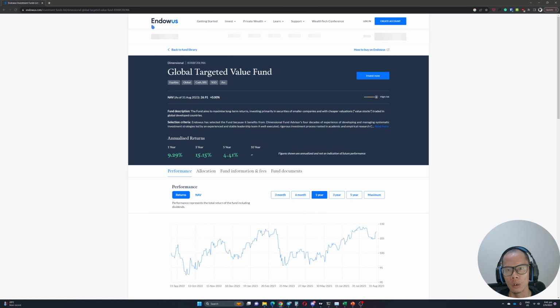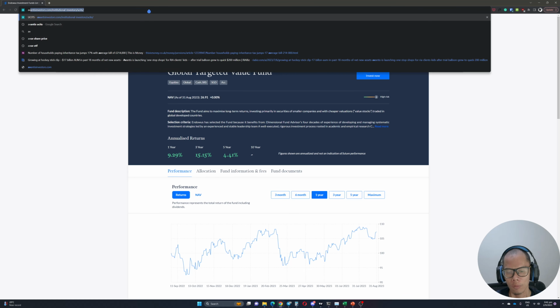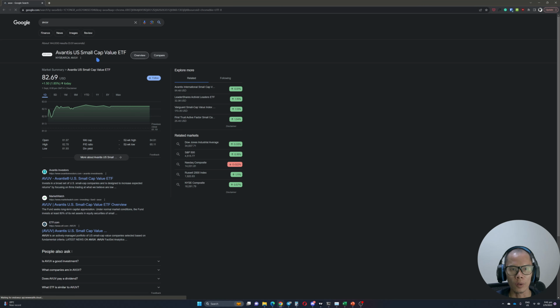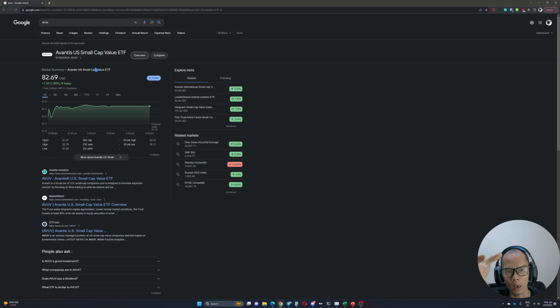And of course, not my favorite, but there's a lot of small cap value ETFs that you can buy. They are listed on the US New York Stock Exchange. So famous ones are probably AVUV, Avantis. Avantis is a company where the founders were from Dimensional. That's a long story altogether, which I shall not elaborate.